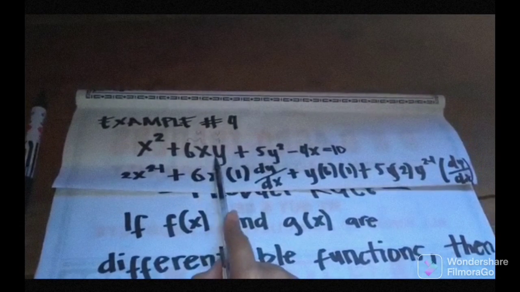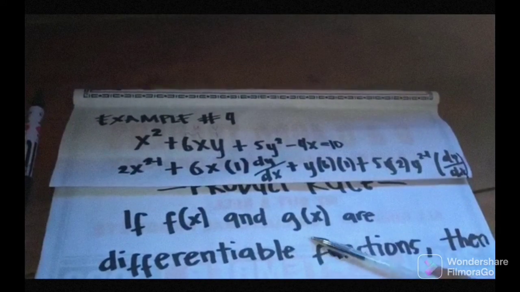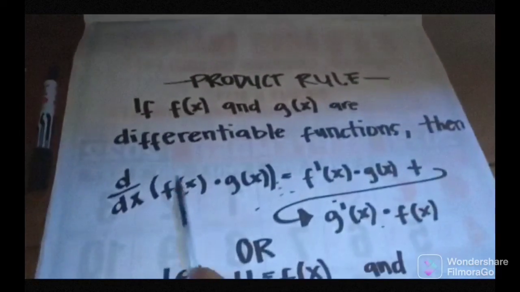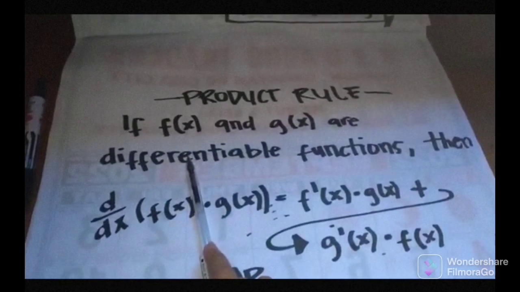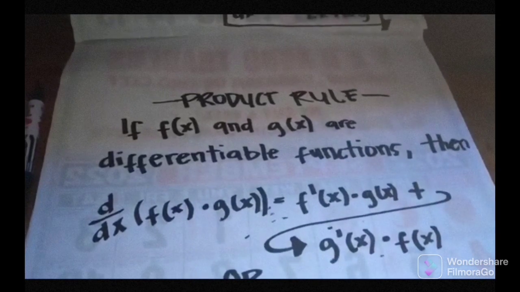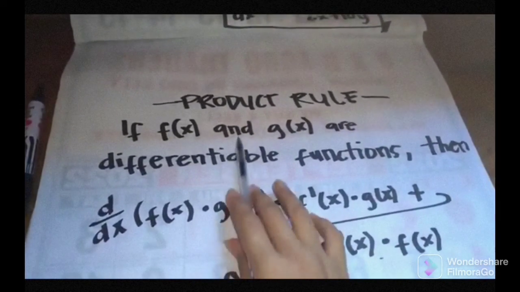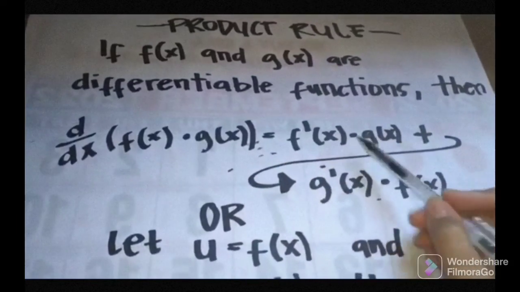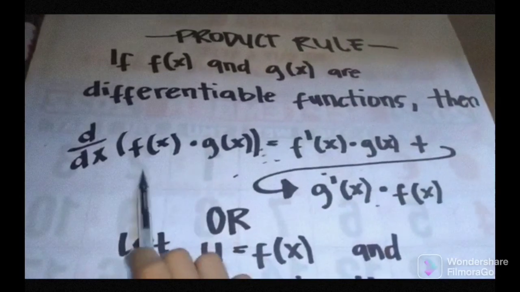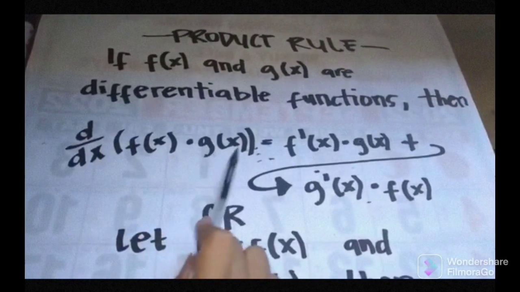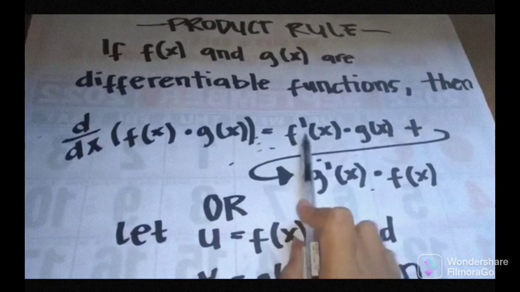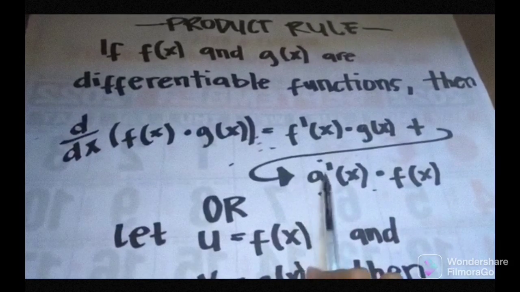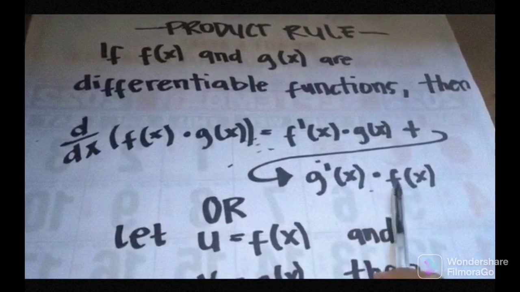Since our second term has two variables, x and y, we will use the product rule of differentiation, which states that if f of x and g of x are differentiable functions, then the derivative of f of x times g of x is equals to f prime of x times g of x plus g prime of x times f of x.